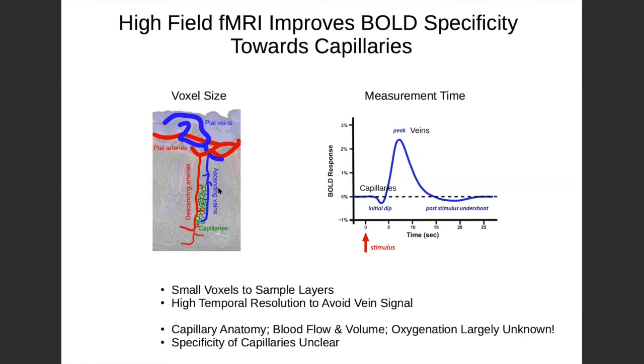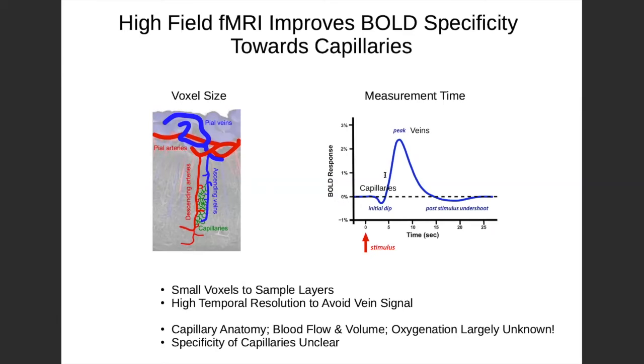And this is especially bad if you want to measure cortical layers, because the blood flow in the veins causes an additional problem. The blood flow in the veins couples the different layers. And that means small voxels don't suffice if you really just want the capillary signal.